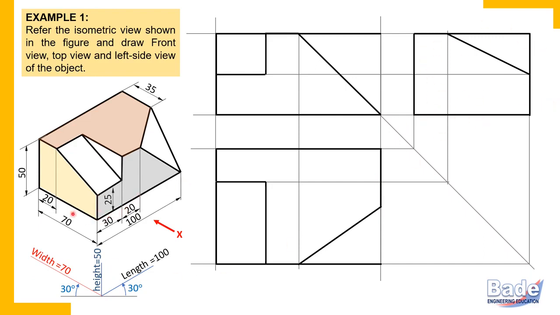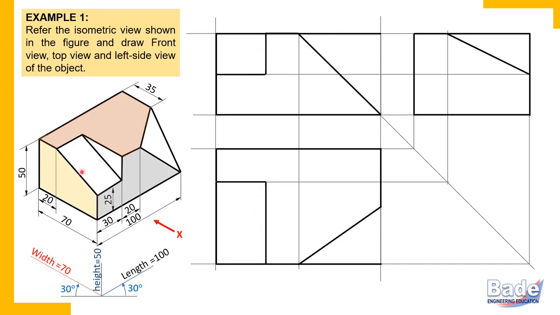So length is always perpendicular to the profile plane. If a surface has an edge perpendicular to PP, then that surface is perpendicular to PP. So this rectangular surface is perpendicular to PP and therefore it appears as a line in the side view, and it is this line. It is that inclined surface. This is the edge of that inclined surface, and that edge itself becomes the entire surface because the surface is perpendicular to PP. But this surface appears in the front view and also in the top view.